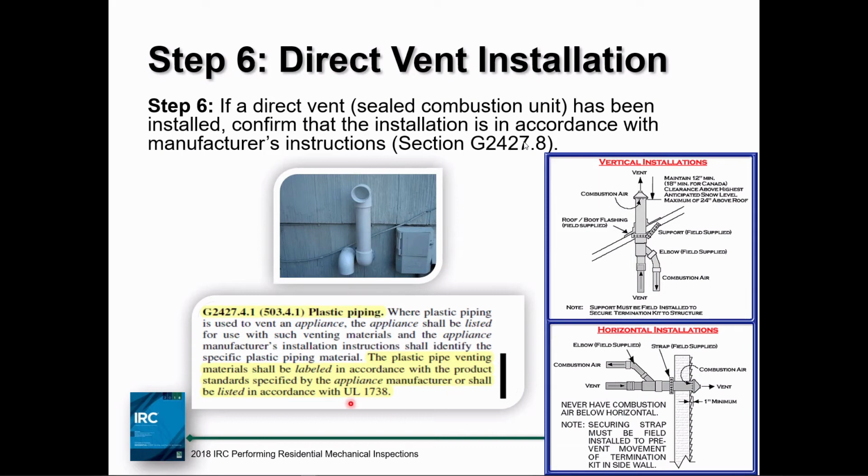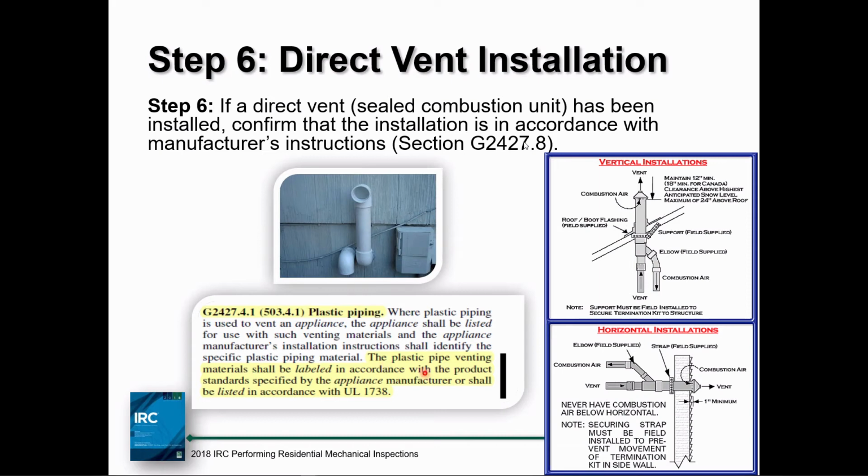See this UL 1738? Ladies and gentlemen, you are going to see this more and more in the near future. If you ever get a chance, Google this standard. It's not only for category 4 appliances, it also applies to stainless steel venting systems for category 3 appliances.